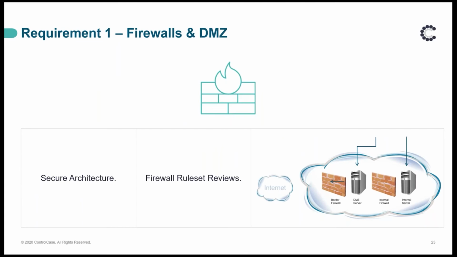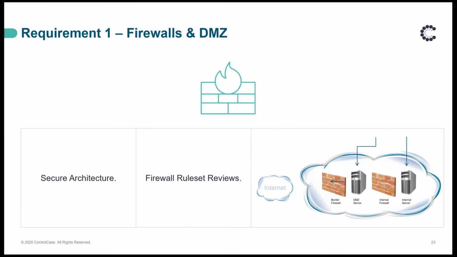So requirement number 1, firewalls and DMZ. So whether you're in the cloud or whether you have a data center, whether you have an office, firewalls and network access control devices have become an important aspect of ensuring appropriate segregation between the internet, internal network, and what we call the demilitarized zone, where things like web servers reside.